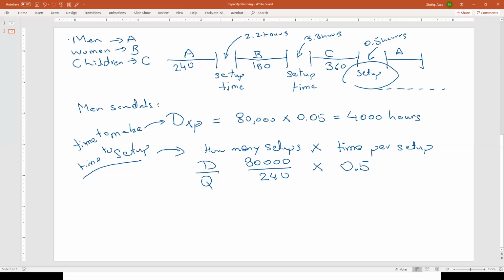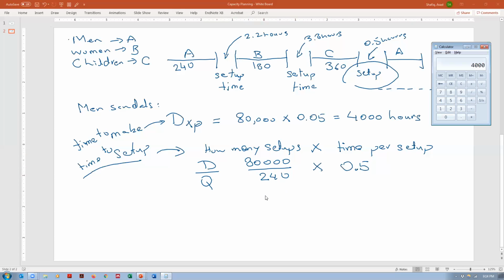In a minute, I'm going to explain the logic of why this is D by Q. But let's first do the calculations, and then we will come back to this explanation of why this ratio of D over Q gives us how many setups we need. So let's just first do this calculation.